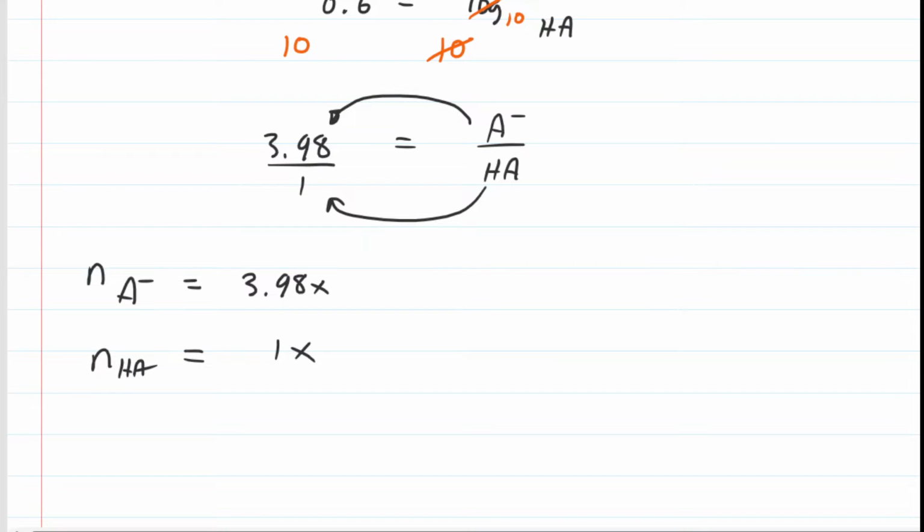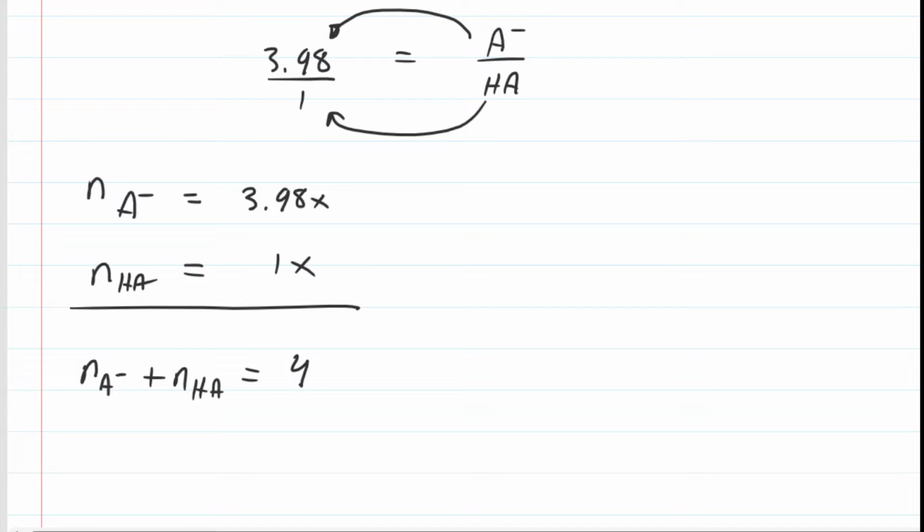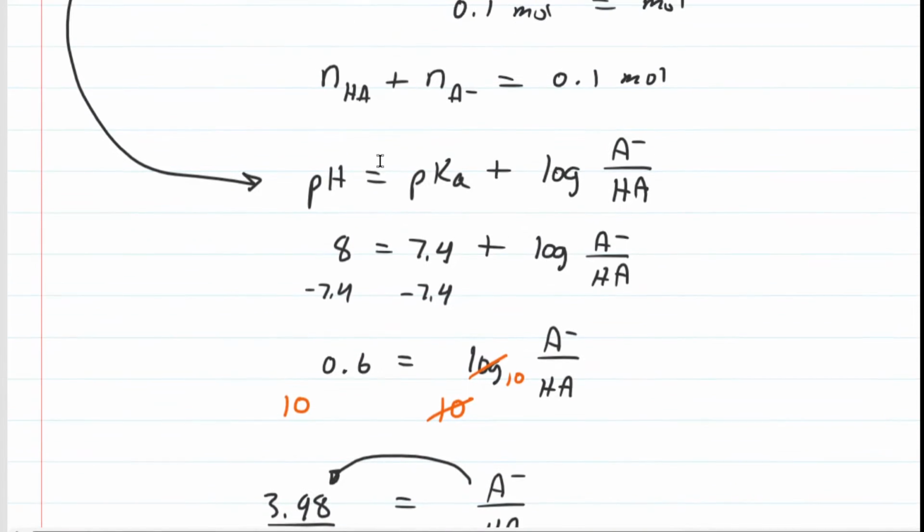Now, of course, the total number of moles, n of A minus plus n of HA, would be 3.98x plus 1x, which is 4.98x.